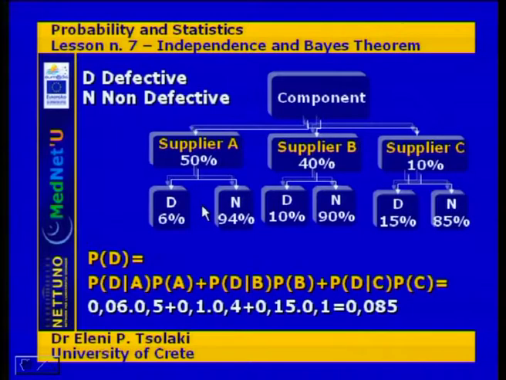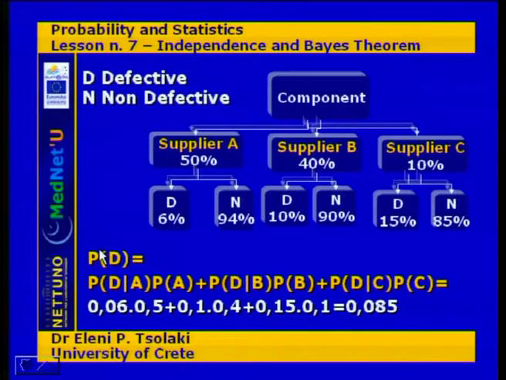This is known either from past experience or having analyzed data. Supplier B produces components, 10% of which are defective, 90% of them are not. And supplier C produces 15% defective ones and 85% non-defective ones.